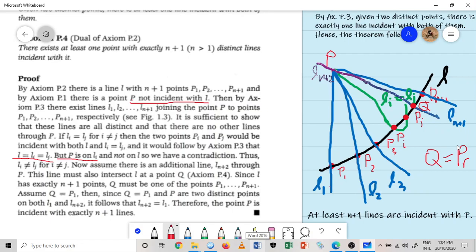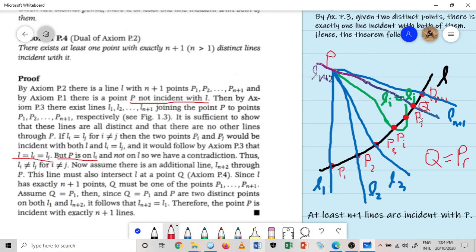But then the line connecting P sub R and P has been accounted for earlier. Meaning only one line can connect P and P sub R, or Q. Hence that line L sub N plus 2 should be one of those N plus 1 lines accounted for earlier.